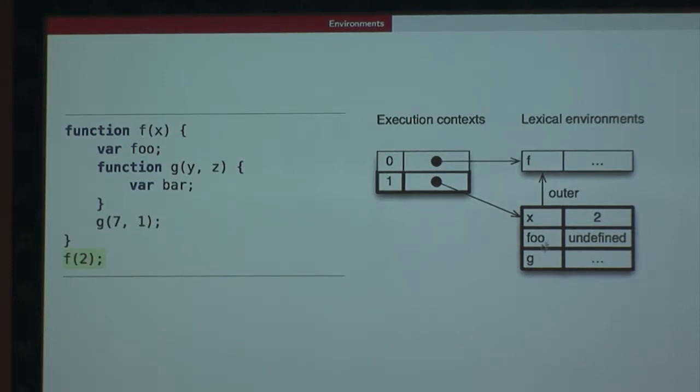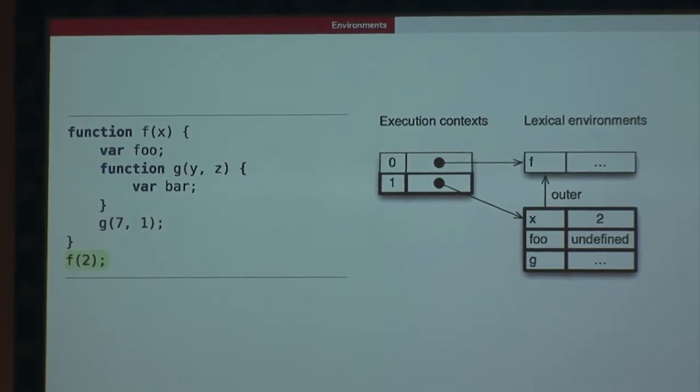You will start your search down here, you look for f, you don't find it, and then you continue to the outer environment, and that's where you find it. So this is how, even once you're inside a function, you're still connected to the global scope, to the global variables, because every scope is always nested within the global scope.